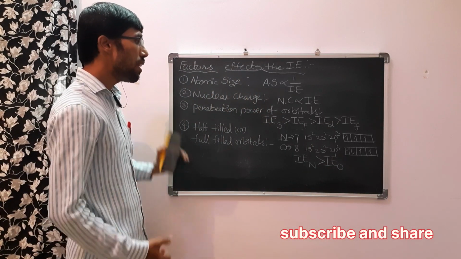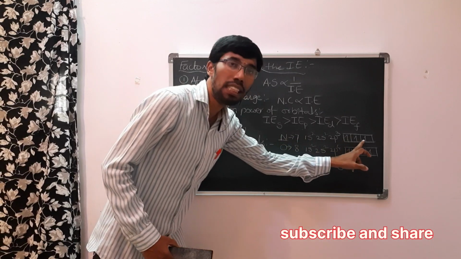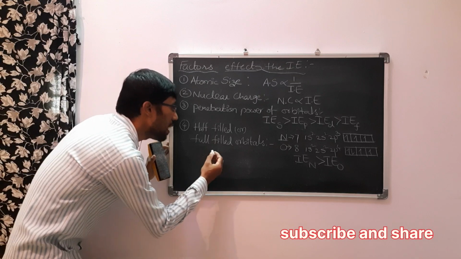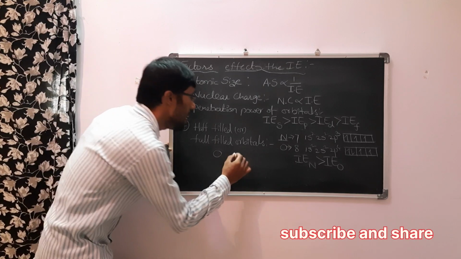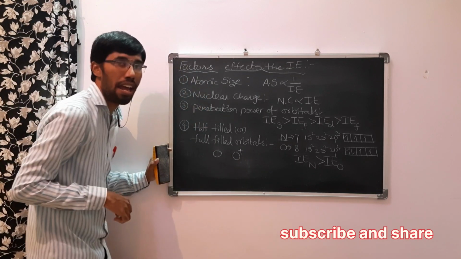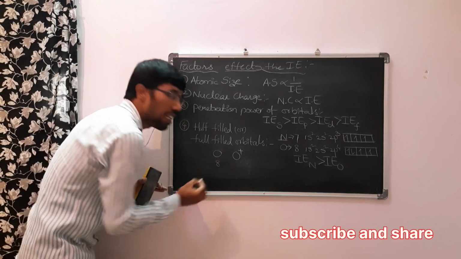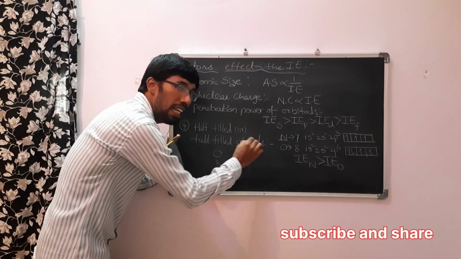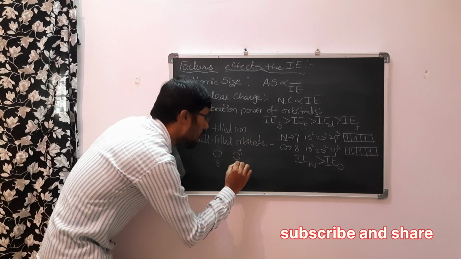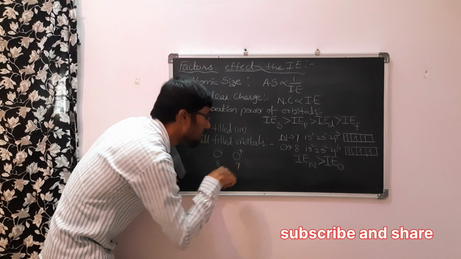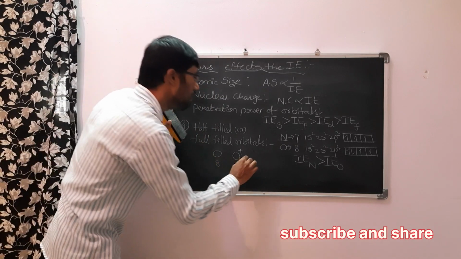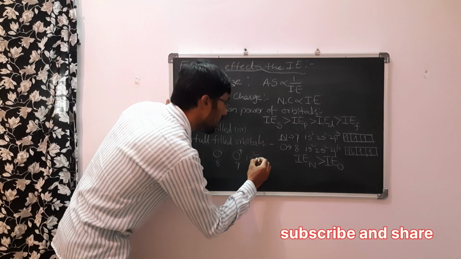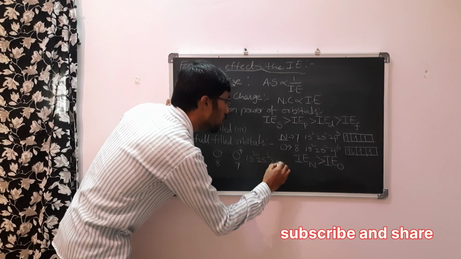Why? Because nitrogen consists of a half-filled orbital. For example, compare with oxygen and the O plus ion. Oxygen has atomic number 8, meaning 8 electrons. The O plus ion has 7 electrons, so we write the electronic configuration like nitrogen: 1s2, 2s2, 2p3.